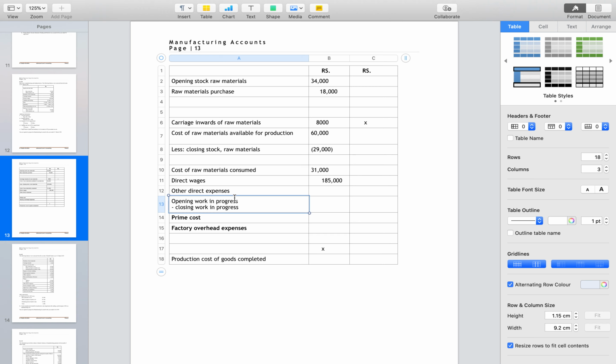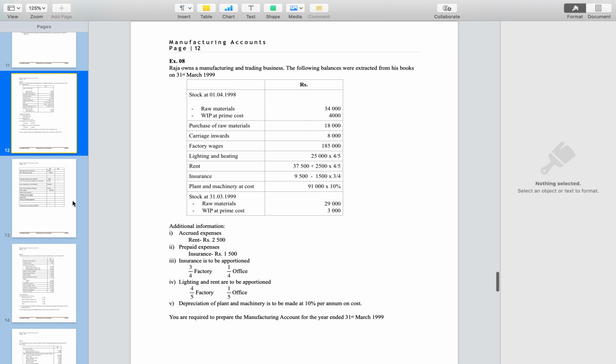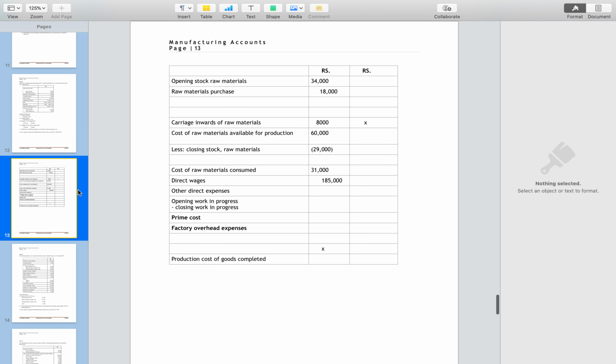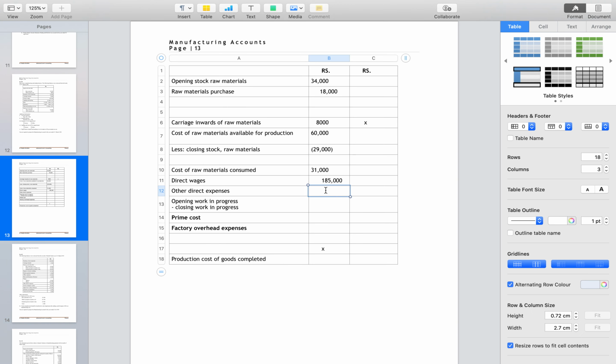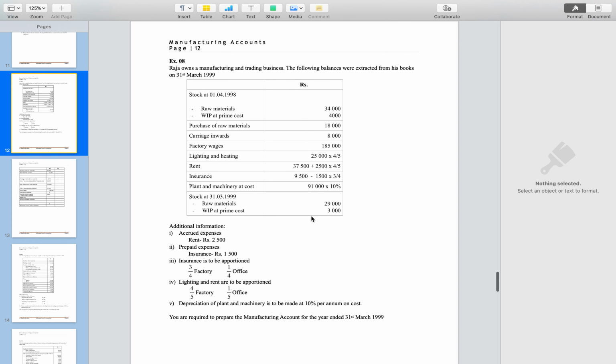That is the only new thing in this question when compared to the earlier ones. So opening work in progress, as you can see over here, is 4,000, so you copy that down. This one is going to be 0, so opening work in progress is positive 4,000. And now we need closing work in progress. As you can see over here, closing work in progress is now 3,000.